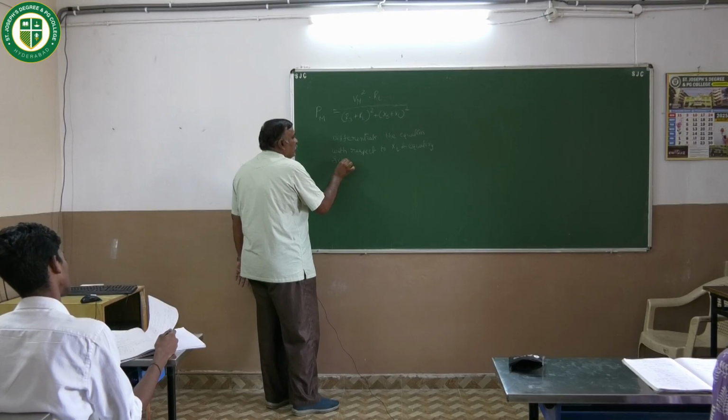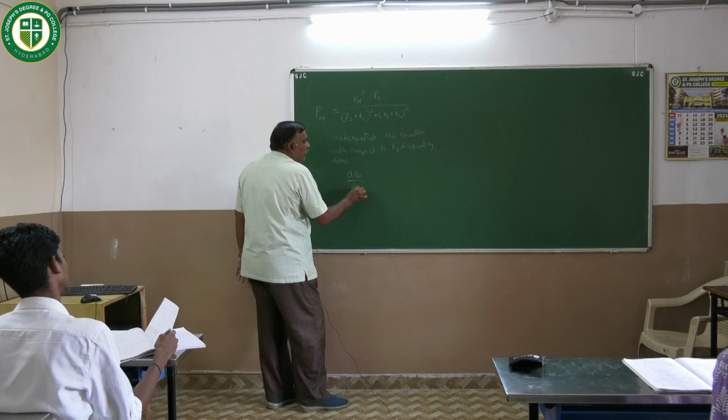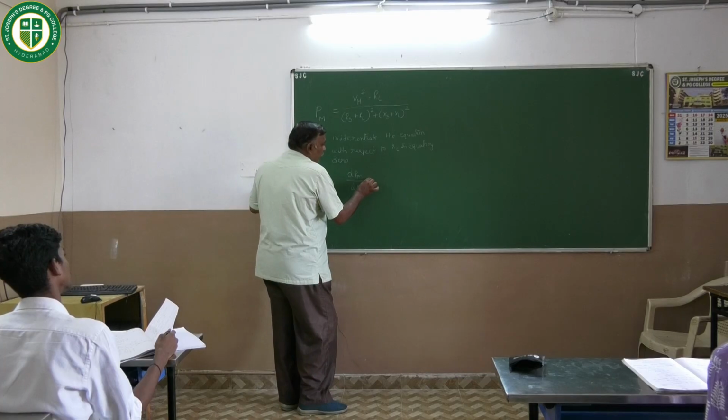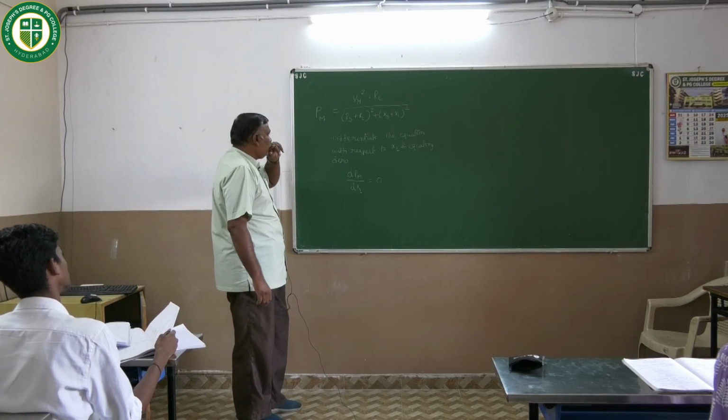Equating to 0 means dPm by dXL: you need to differentiate with respect to XL and equate the equation to 0.